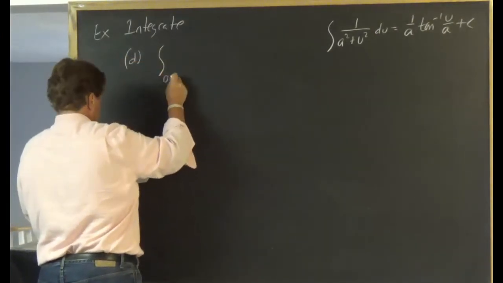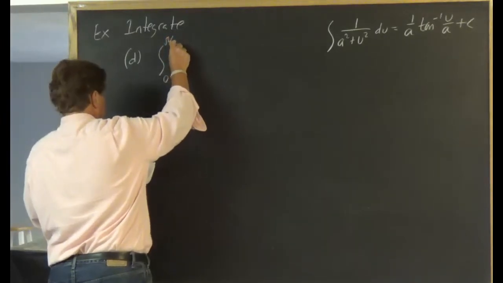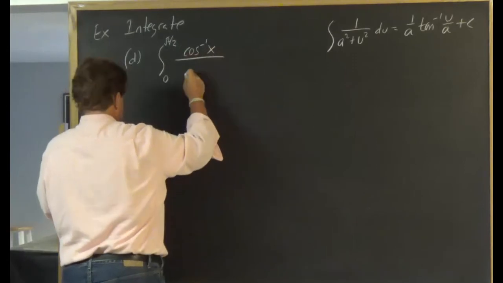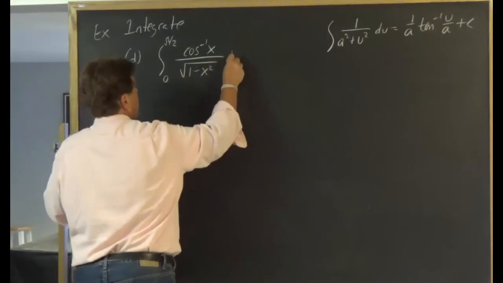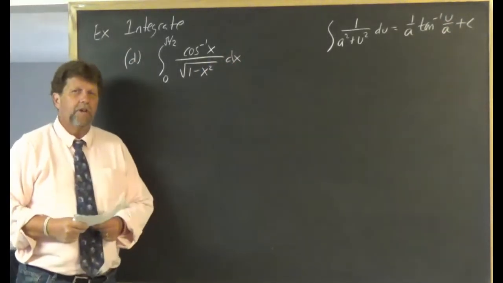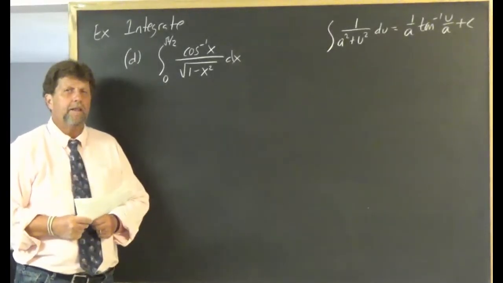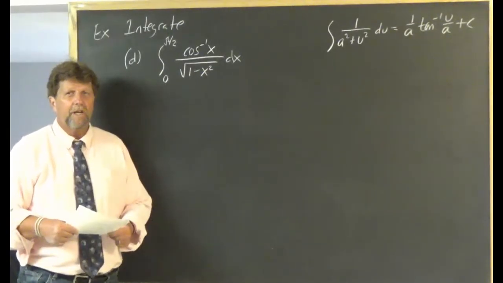The integral from 0 to square root 2 over 2 of inverse cosine x over the square root of 1 minus x squared dx. You know what? D is such a good one that I'd like you to pause the video and try this one. Once you're done, restart the video. I'll be here at the board working through it.